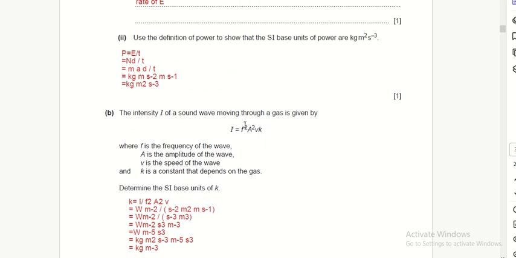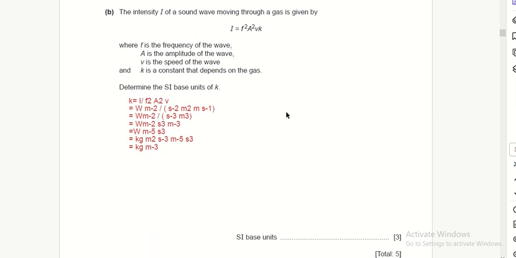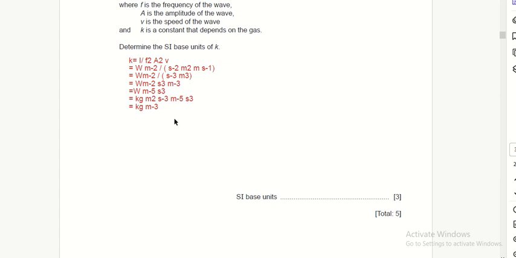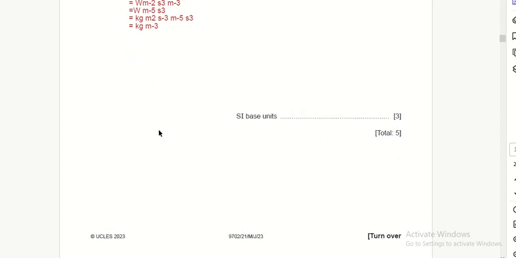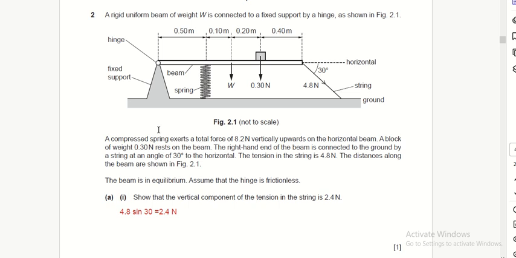This is the unit of power given here, but we should not forget to make the final reduction here to find the final answer, kilogram per meter cube, which is the unit of density.